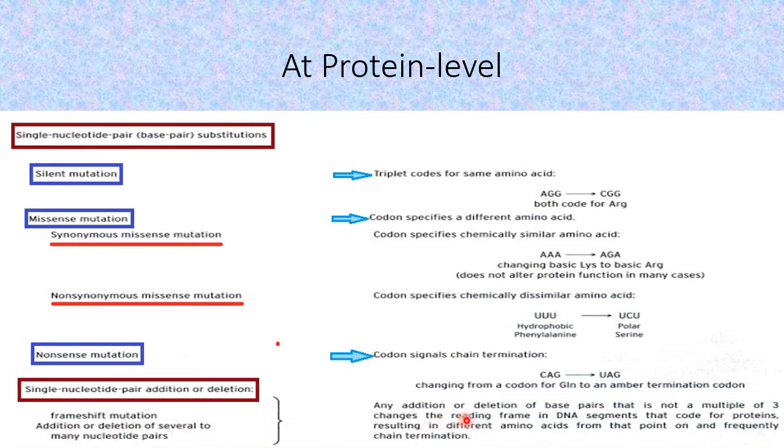And by frame shift mutation, we know that the triplet in which the amino acid reads the codon present in the messenger RNA alters for all the consecutive amino acids that will be incorporated on that particular mutated nucleotide sequence or the messenger RNA produced on that DNA molecule or stretch of nucleotides.